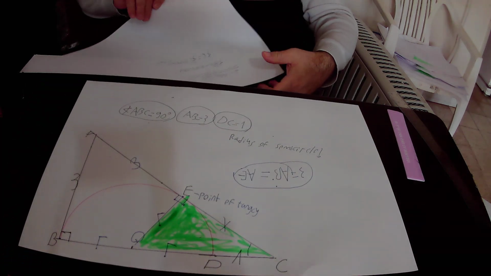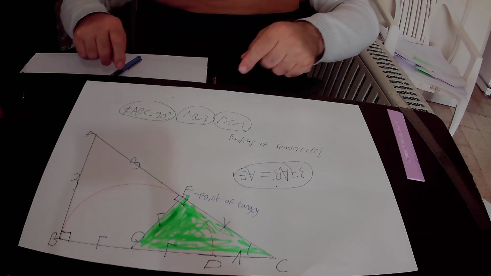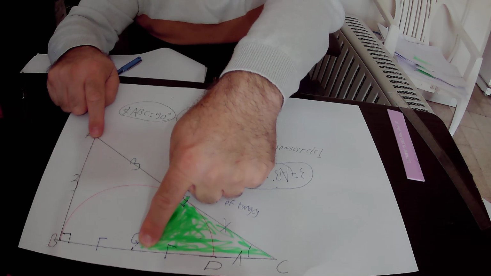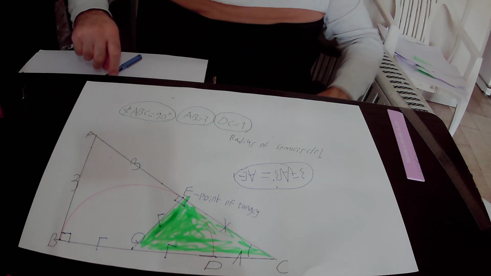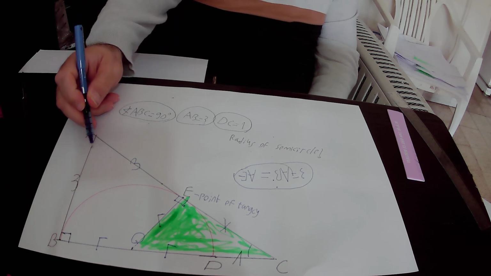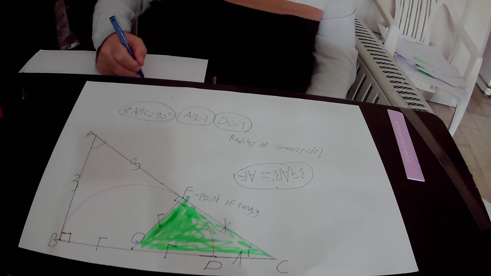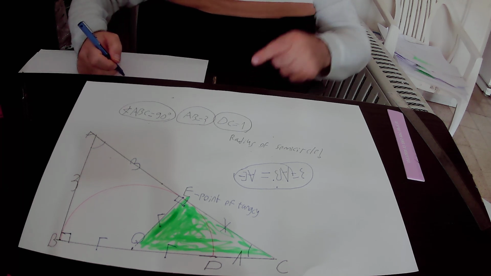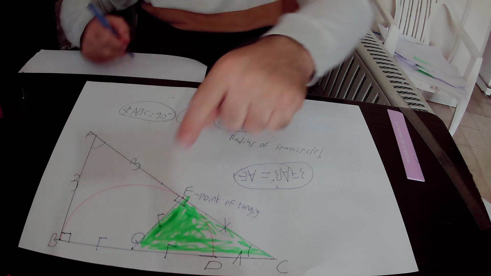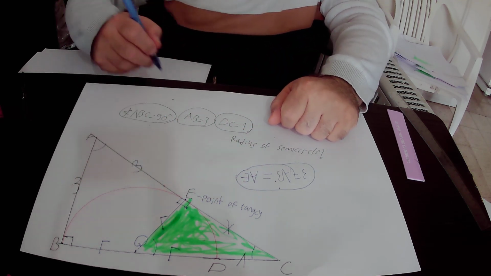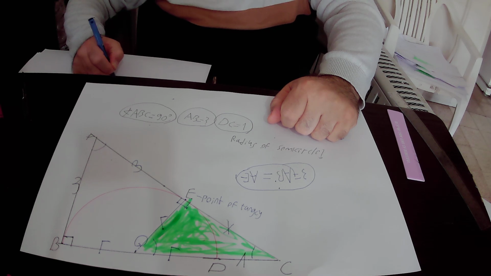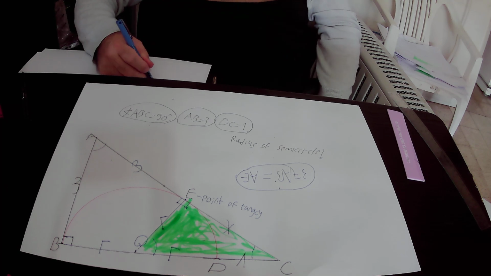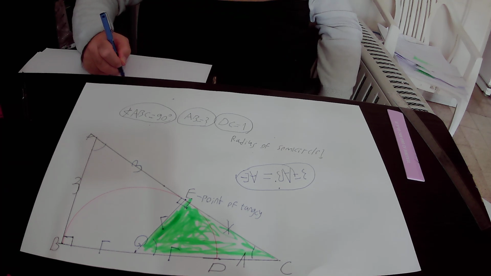And those two angles are also equal to each other according to the third angle theorem. So this angle, angle BAC of triangle ABC, equals angle EOC, this angle of triangle EOC, and they are equal to each other according to the third angle theorem.